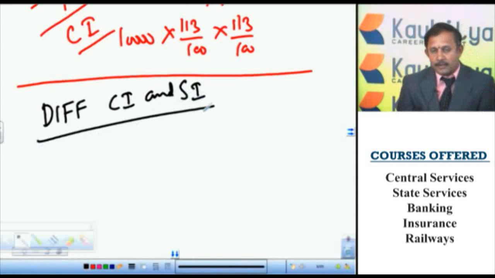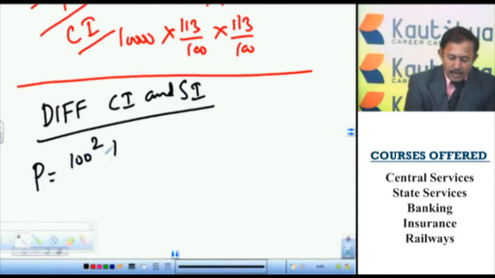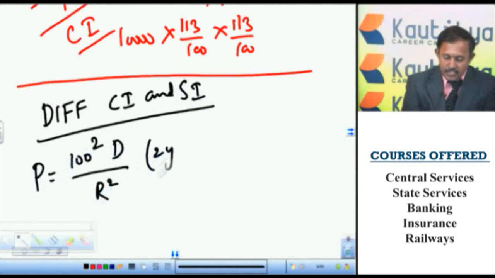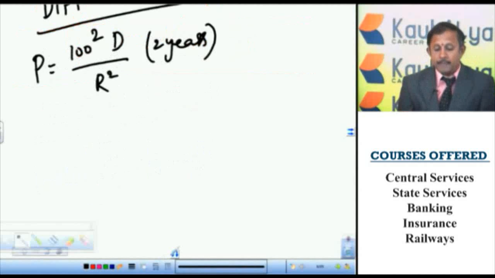For that, without spending much more time, we can straight away make use of two formulae. The first formula is P is equal to 100 square into D by R square. This is applicable for 2 years term. That is for 2 years.